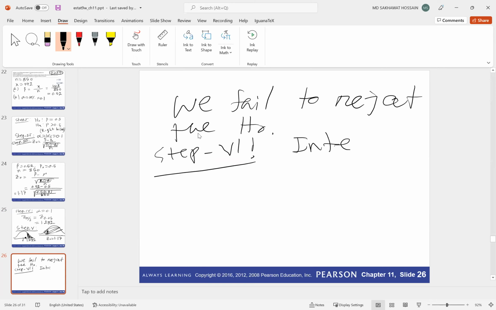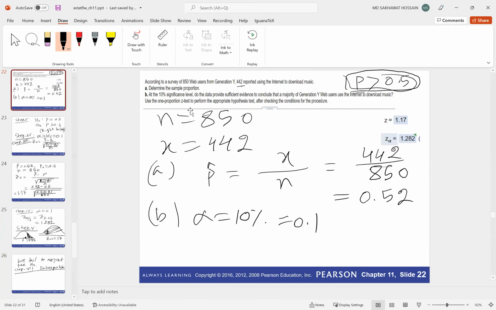So step 6, interpretation of the results. How do we interpret the results? Here we wanted to see whether the majority of generation Y web users use the internet to download music.